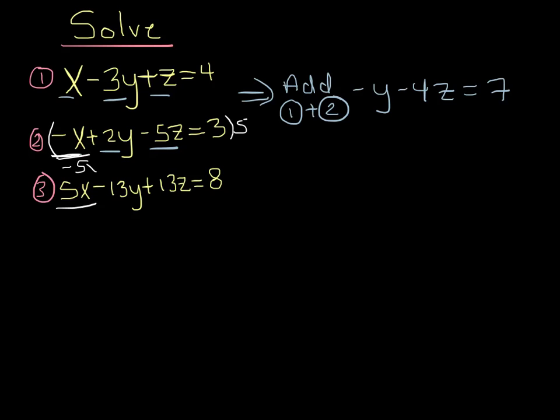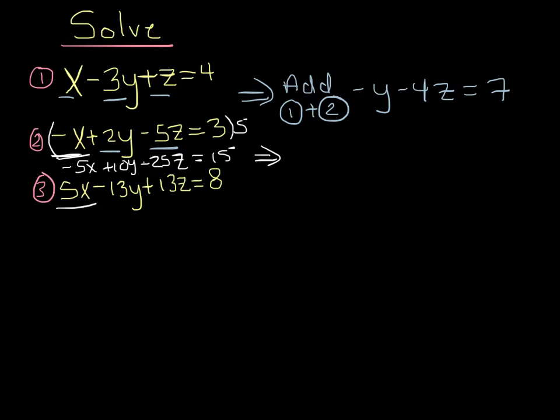Negative 5x plus 10y minus 25z equals 15.